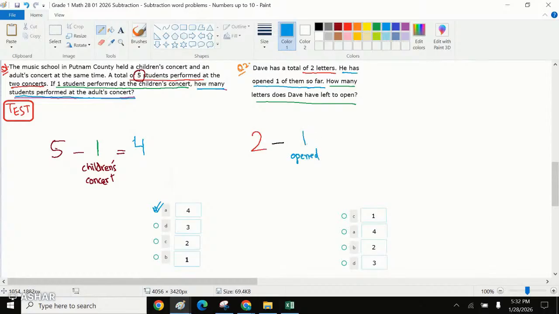If one was already opened, then how many would be unopened? If a total of 2 was there, and one of the letters was opened, then the remaining number of letters would be unopened, right? That means, what should be the answer? Option A, B, C, or D.